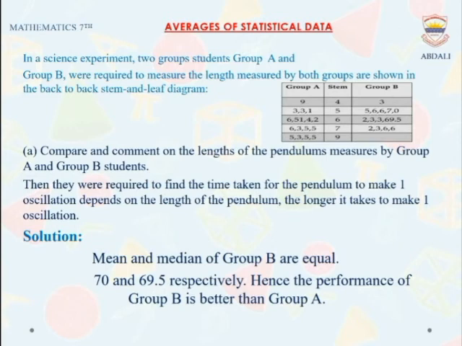So if the mean and median of any data set are the same, it means the performance is good here. So 70 and 69.5 are approximately equal. That's why the performance of group B is better than group A. Okay.